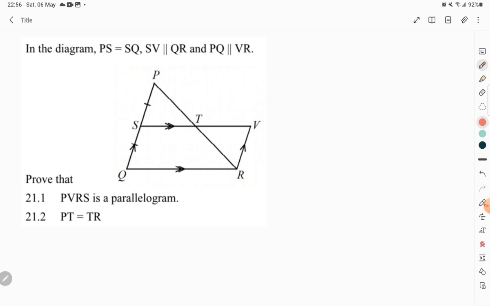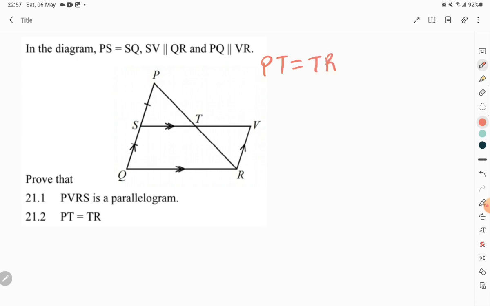Should it be the diagonals bisecting each other? I think it's going to work with us, because I can see that in PVRS we are having these diagonals over there. The one that I drew, these are diagonals. So if this diagonal, this line could be equal to that, and this one too, then this could be a parallelogram. But it is very clear that PT is equal to TR.